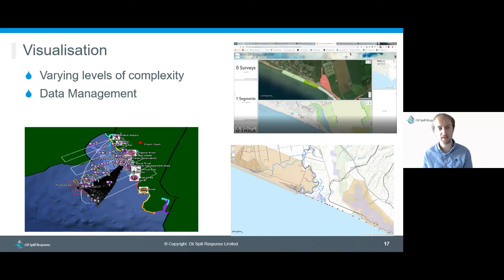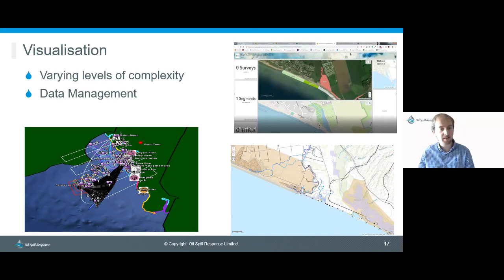Quite often it takes the form of some sort of map. And Google Earth is quite a good tool for quite simple visualization tasks in small spills. Putting a few dots on a map really starts to show how all that information fits together well.